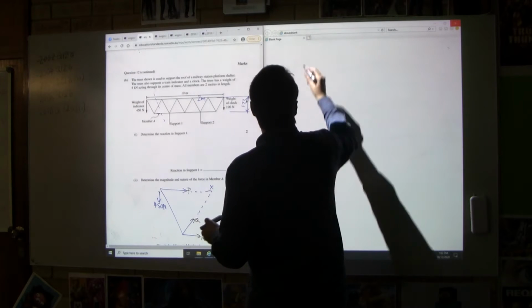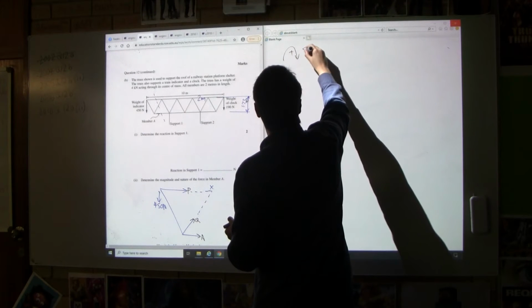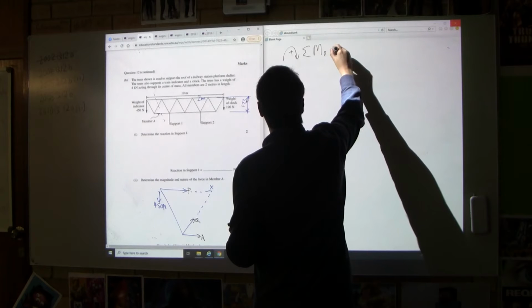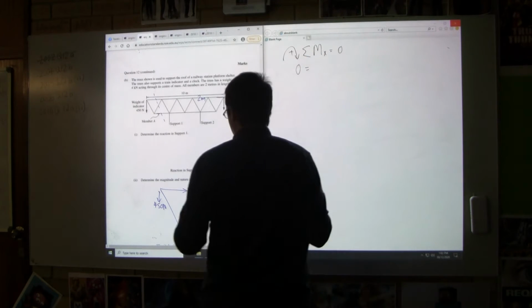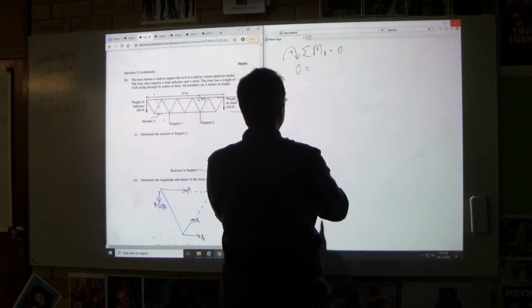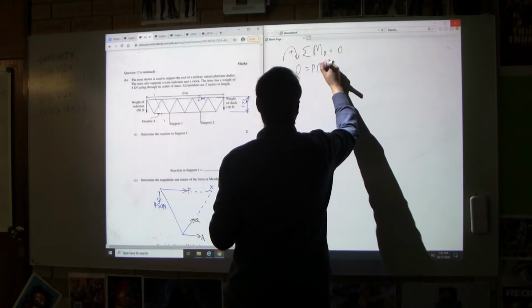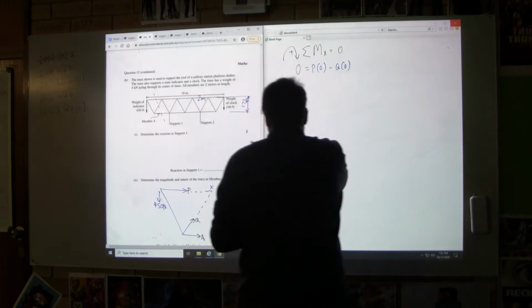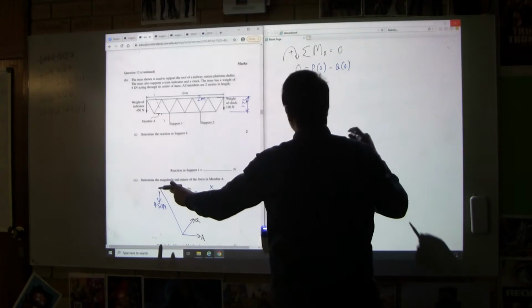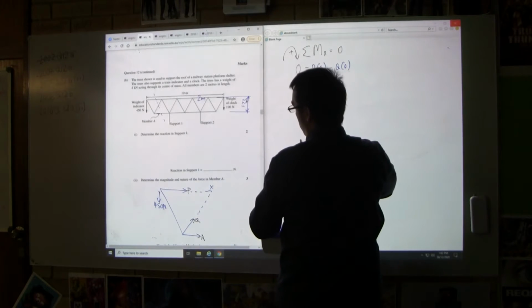Okay, so let's go. We're going to say sum of the moments measured from point X equals 0. Now I talked about how we don't need to write P times 0 and Q times 0, but I do. And then I've got 450.